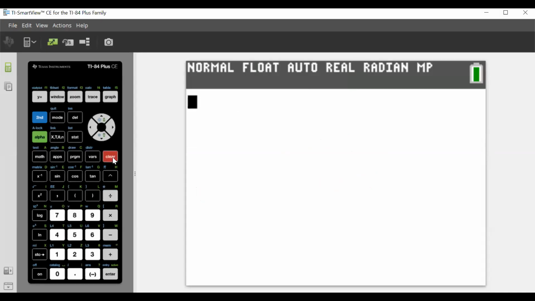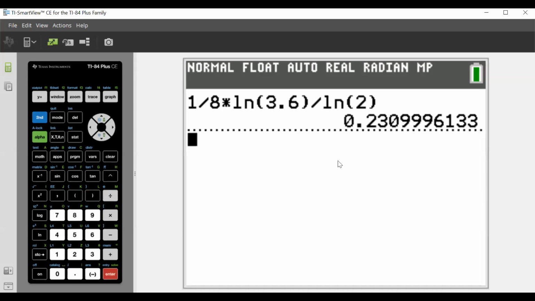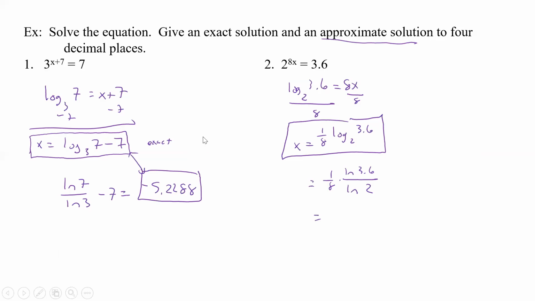And so that was going to be equal to 1 divided by 8 times ln of 3.6 divided by ln of 2. And so I get 0.23099. So that 9 rounds up to a 10, so we get 2310. So that gives us 0.2310 to 4 decimal places. So those are the exact and the approximate solutions.